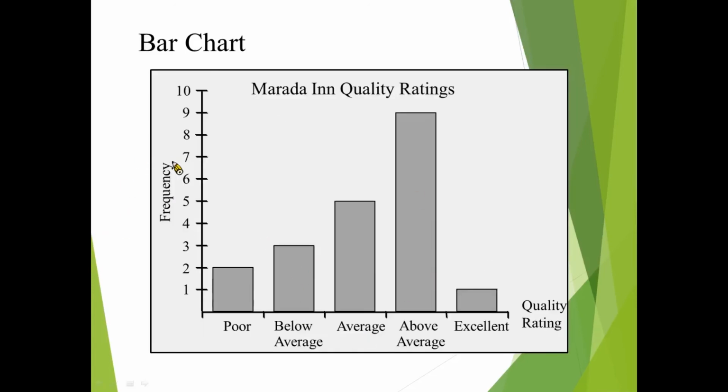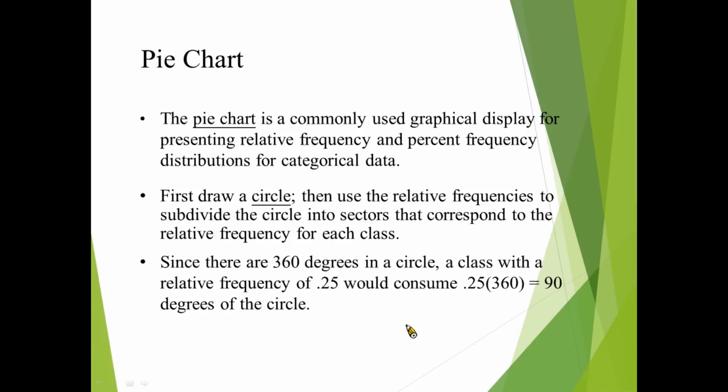On the vertical axis you can see the frequency, and on the horizontal axis you can see the rating. We have 5 ranks for the quality rating. And the pie chart is a circle.